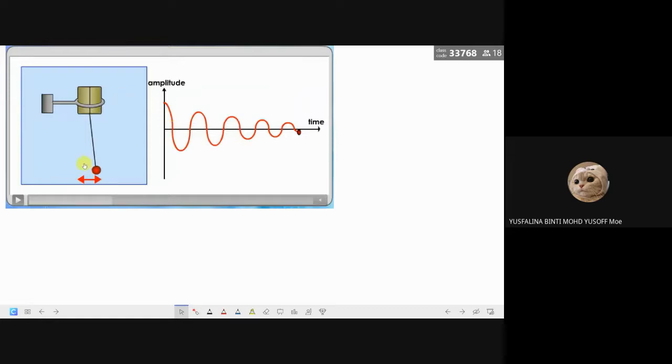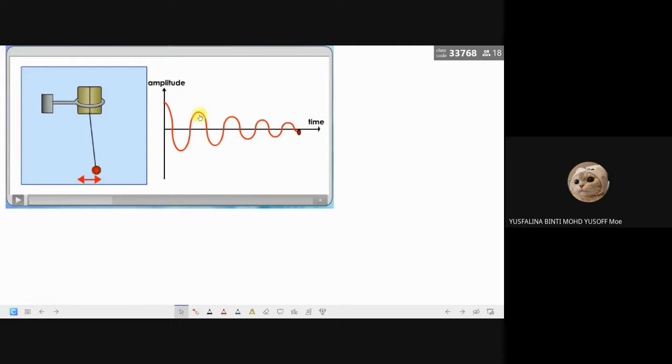Then it oscillates until here, and after that it goes back to the equilibrium position. Then it goes back to here, so you can see the amplitude has already decreased.